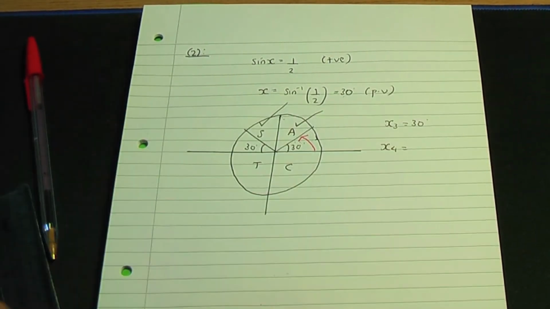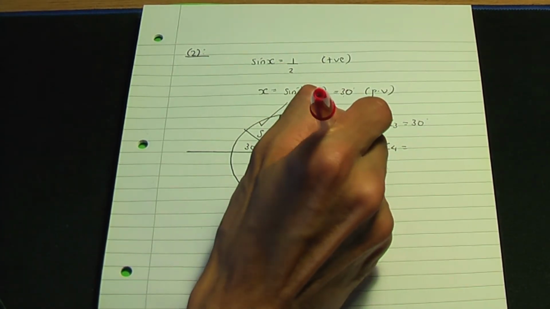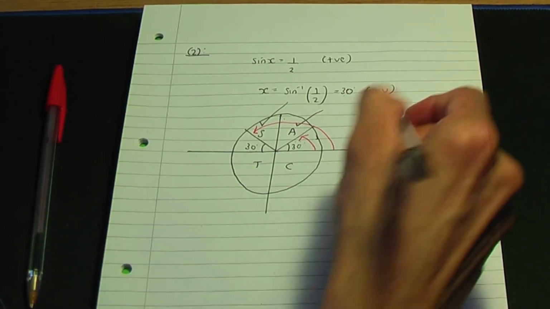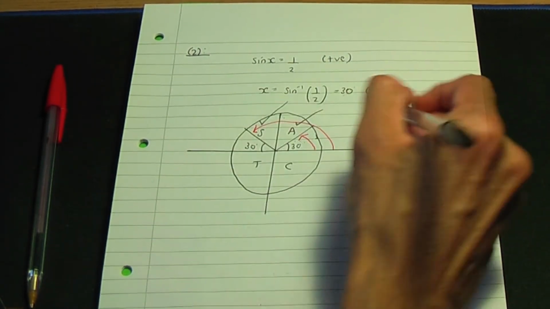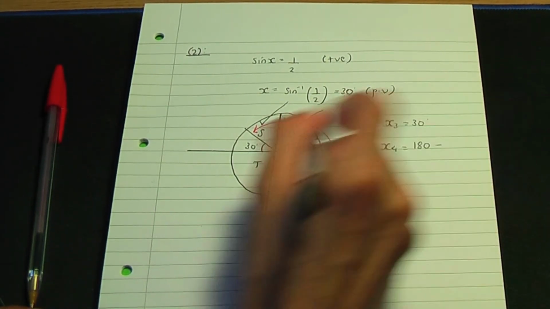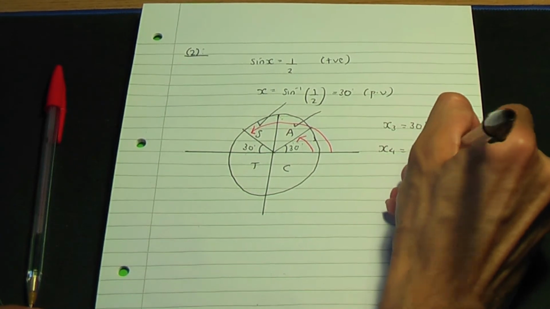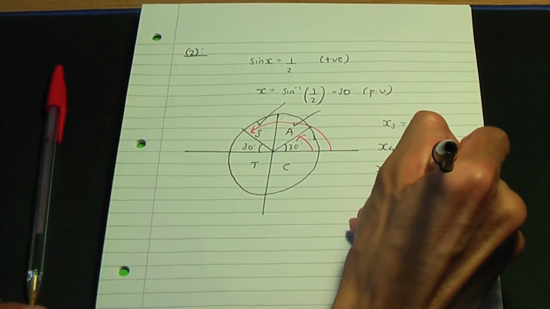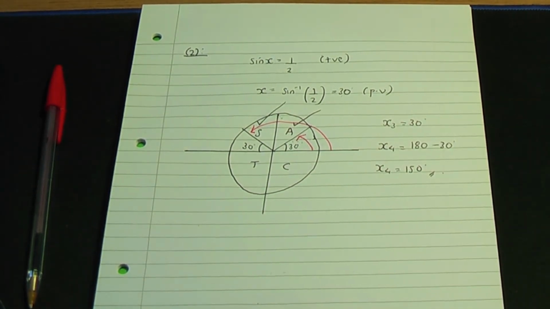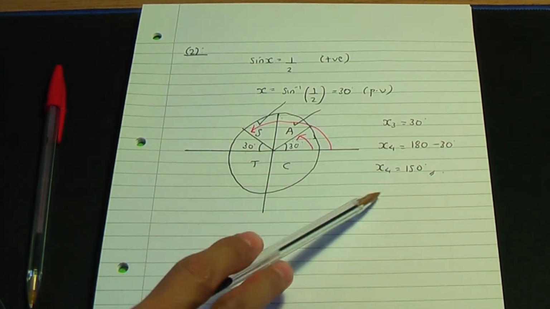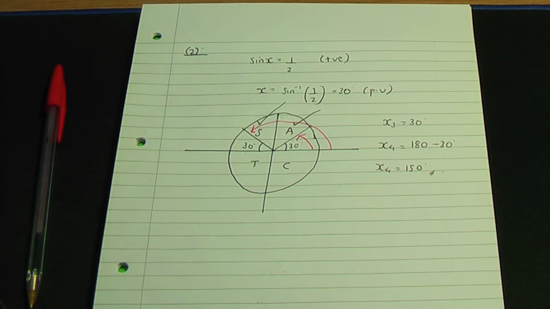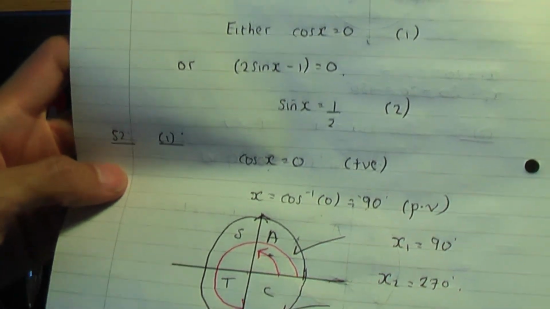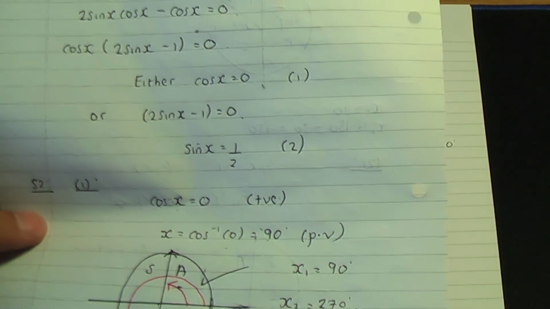And x4, taking this red pen, from the initial line until we strike that second line, x4 will be the angle in the straight line, 180 minus 30 degrees, so that being 150 degrees. We've got two solutions for equation 2 and two solutions for equation 1. All in all, we have 4 solutions.